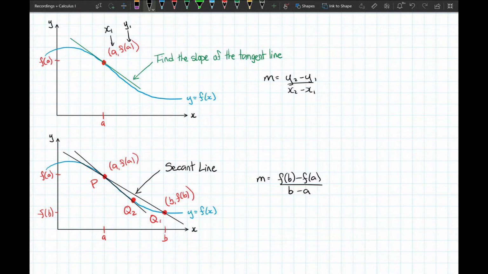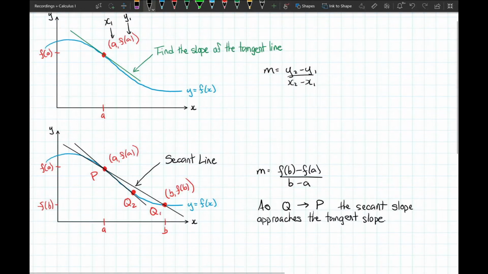So what we're going to be doing here is trying to calculate the slope as Q gets closer to P. As a notation, when we say something gets closer to something else, we tend to use an arrow mathematically. So this would now be: as Q approaches P, the secant slope approaches the tangent slope.